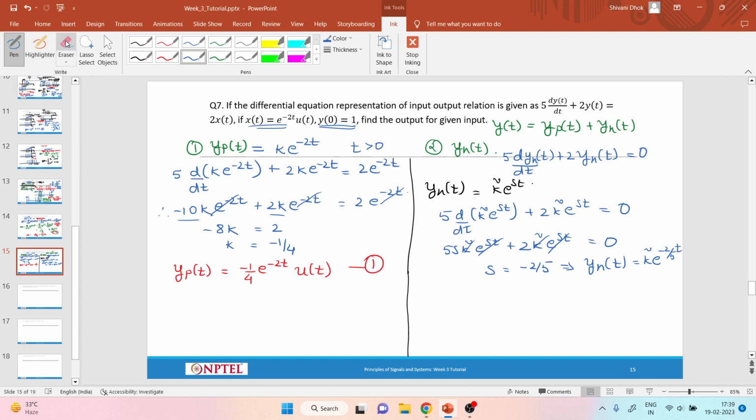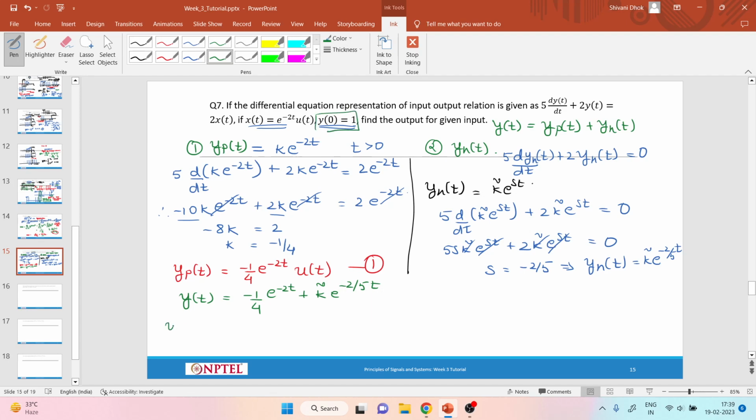Now I can write this y of t as -1/4 e^(-2t) u of t, considering just the case when t is greater than or equal to 0, plus k tilde e^(-2/5 t). Still we have this constant k tilde, and we can find it using the auxiliary equation.